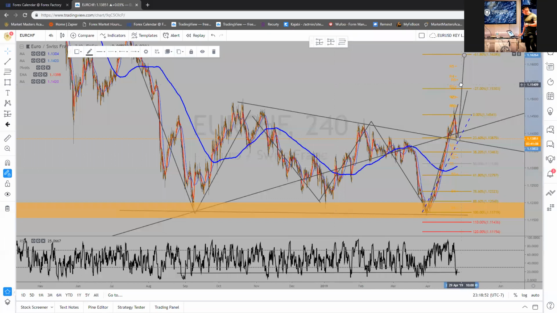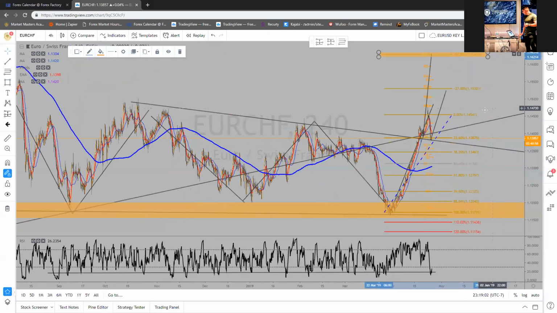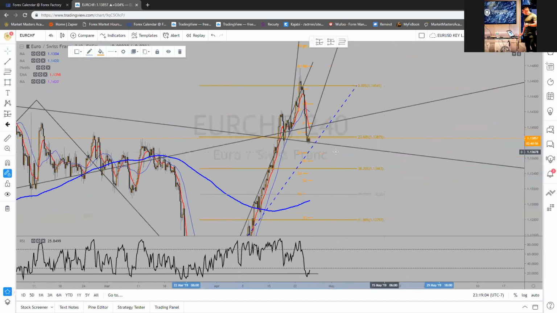Really the main target is going to be this negative 61.8 on that fib that I just drew right now. So I'm going to be looking at this. Let's see what else I noticed. Okay, so if price goes up above that 1.14000, we should be expecting it to at least go up to the 500, which is pretty much where this 00 is at.